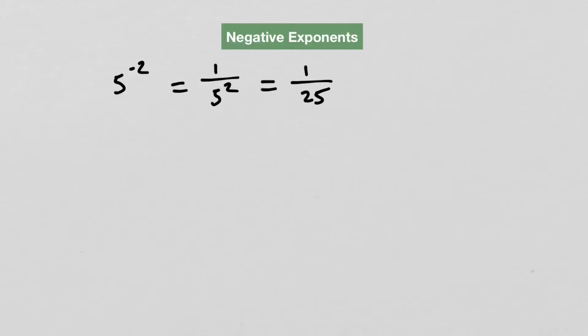Keep in mind that this 5 to the negative 2 is also 5 to the negative 2 over 1, okay? We don't write the 1 underneath because it's assumed that there's a 1. But if you write it out, you'll see that all we're doing is we are flipping, okay? Meaning that we're taking this fraction and we're going to rotate it along the axis of the fraction. So it's going to rotate this way.